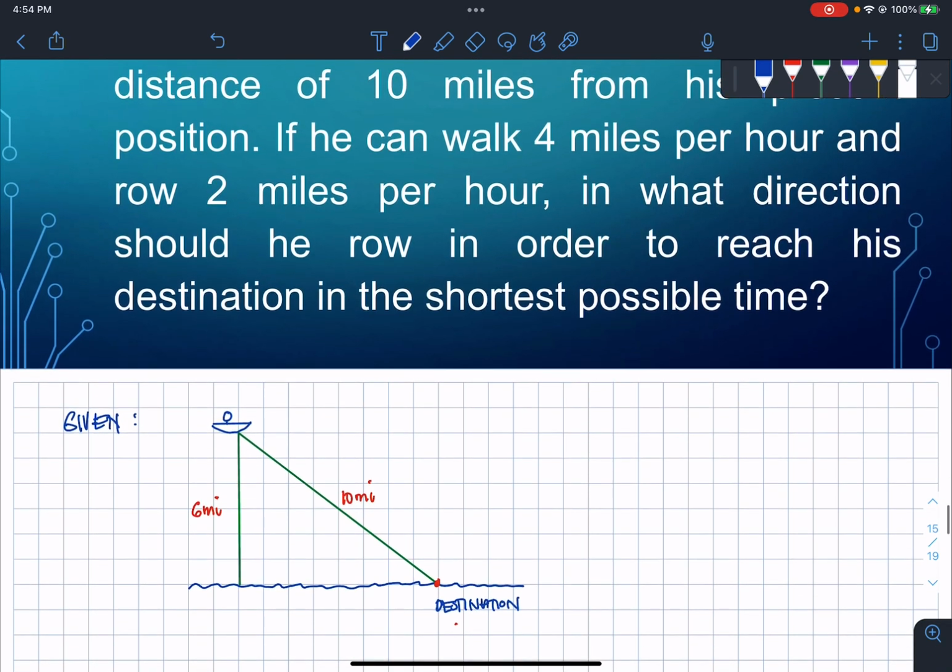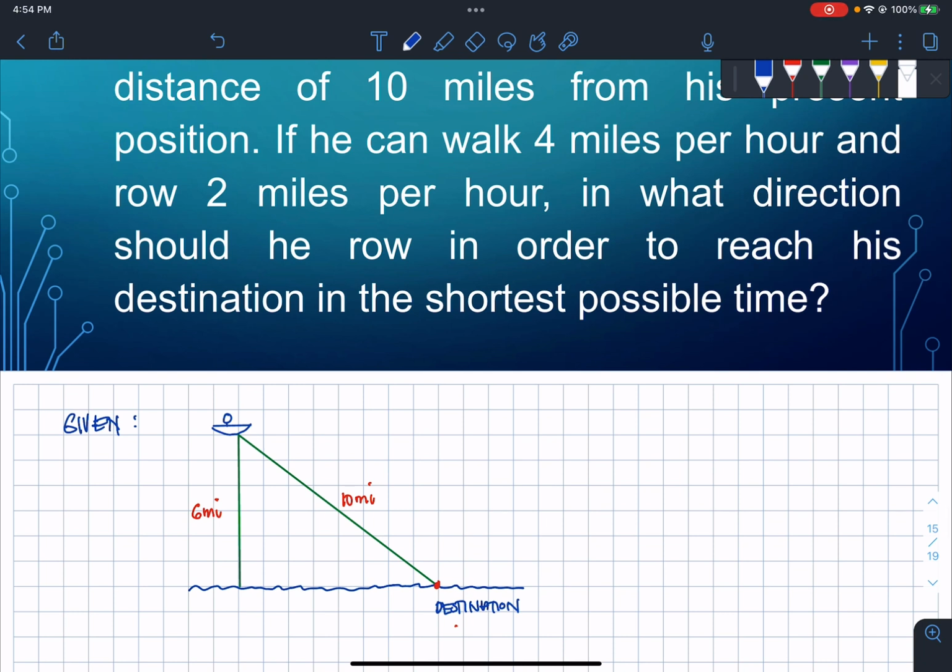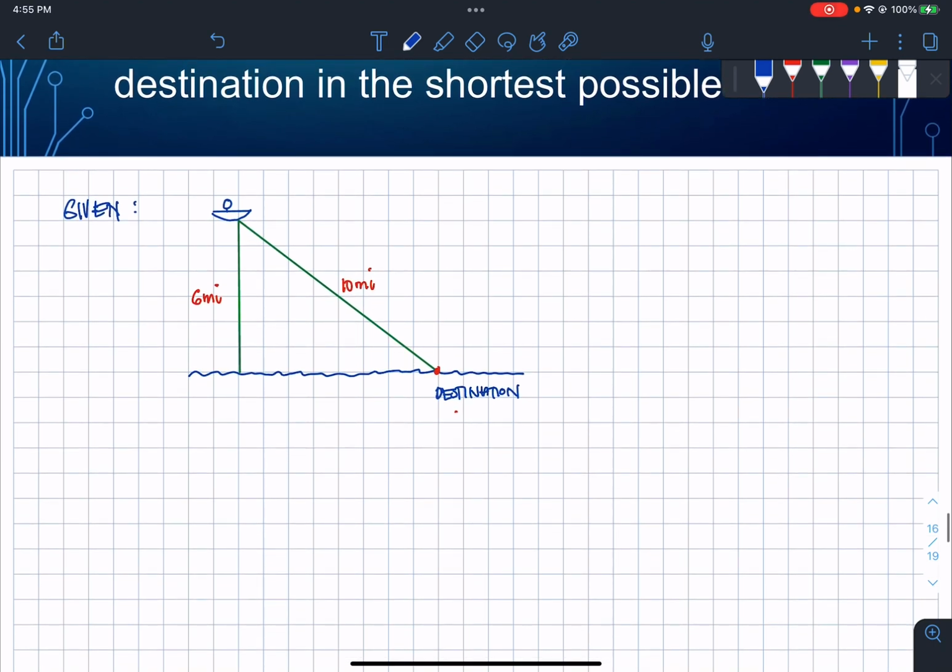For the next statement: if he can walk 4 miles per hour and row 2 miles per hour, in what direction should he row in order to reach his destination in the shortest possible time? So I'll say this is the destination.